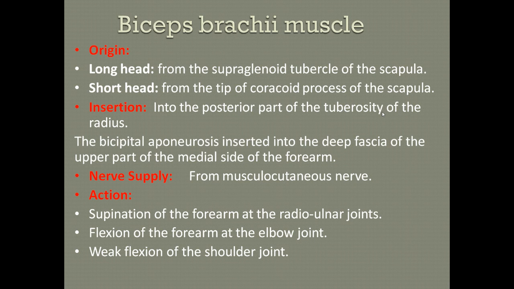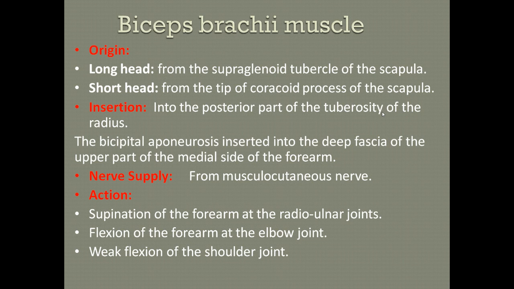The bicipital aponeurosis is inserted into the deep fascia of the upper part of the medial side of the forearm. The nerve supply is the musculocutaneous nerve, and the action is supination of the forearm at the radioulnar joint, flexion of the forearm at the elbow joint, and weak flexion at the shoulder joint.